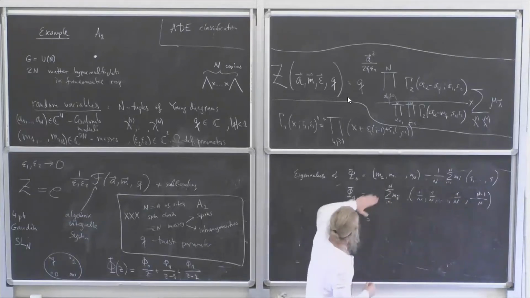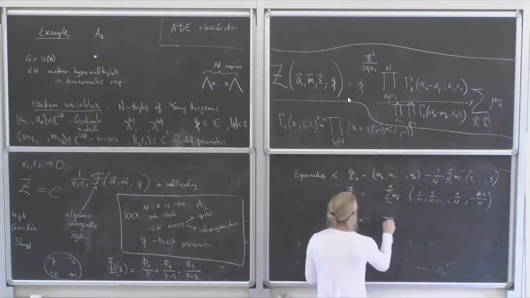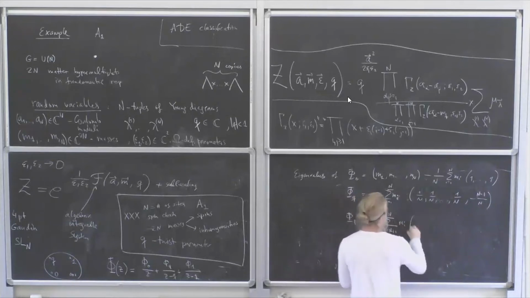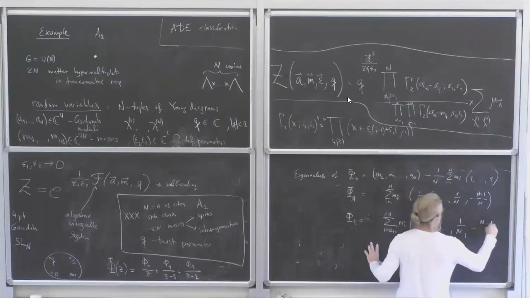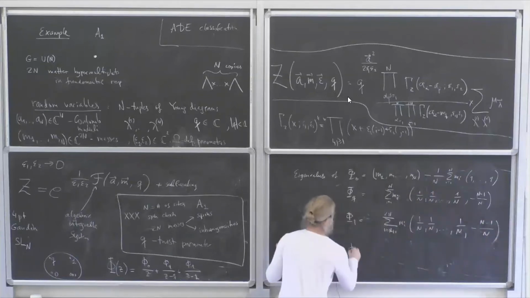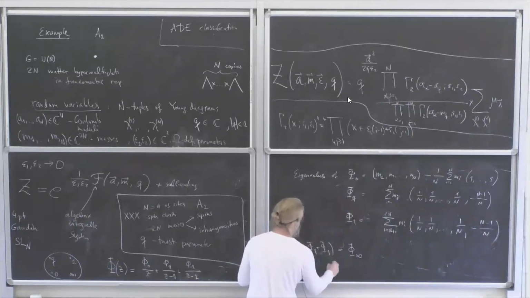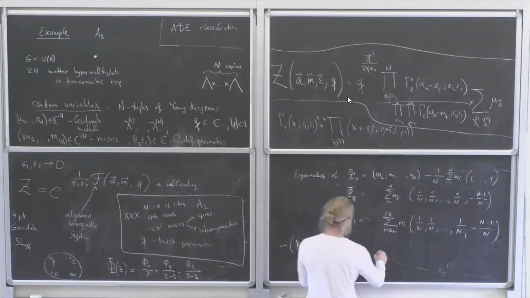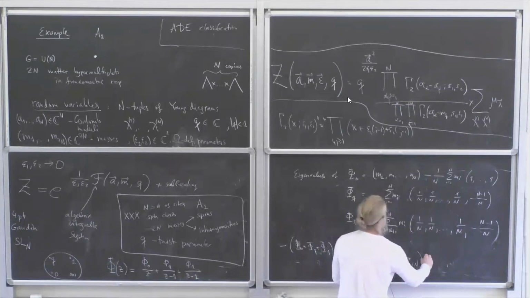Phi 1 similarly uses the other n masses. And phi infinity, which is negative of phi 0 plus phi q plus phi 1, has eigenvalues m n plus 1, m to n, minus 1 over n.